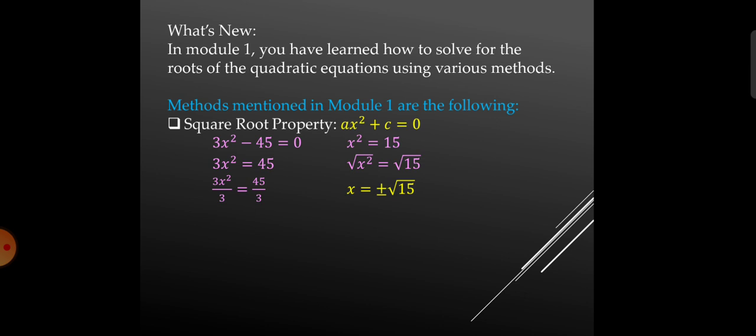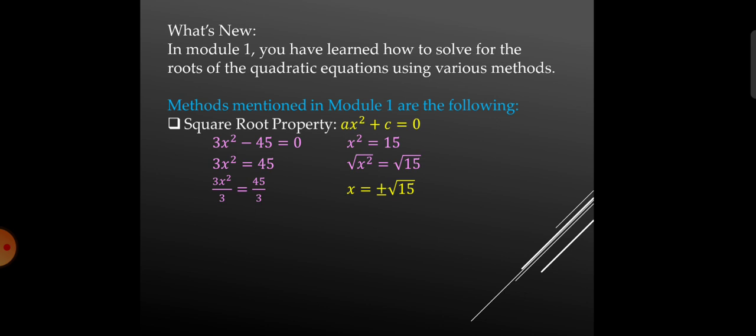So we have the given equation and its solution. 3x squared minus 45 equal to 0. To further solve it, you transfer negative 45 to the right side, it becomes positive 45. Then, before we can make use of the square root property, we need to eliminate first the numerical coefficient 3 beside x squared. So you divide 3 on both sides, on the left, on the right.